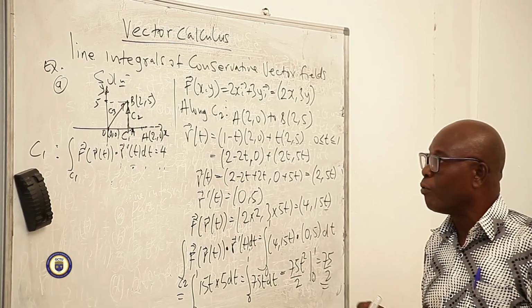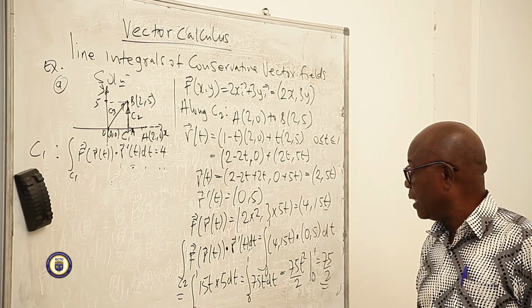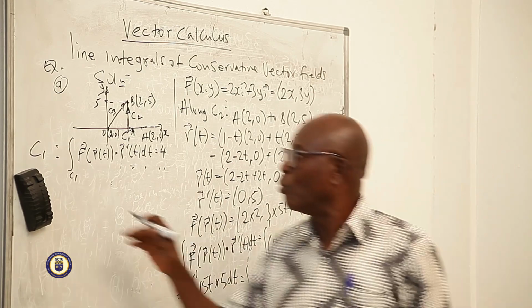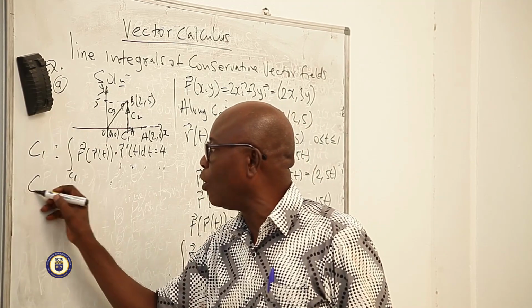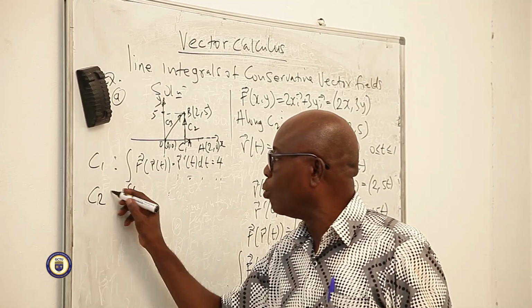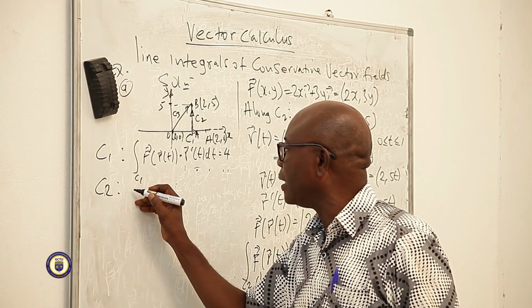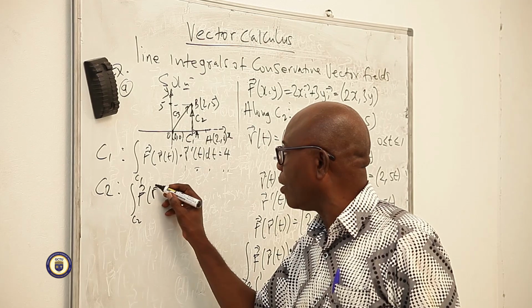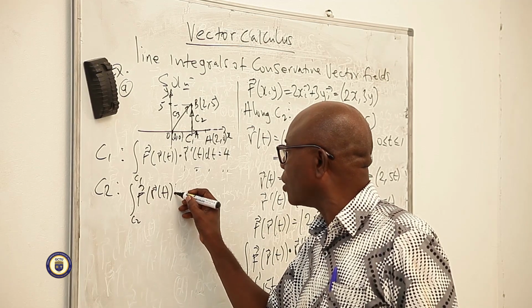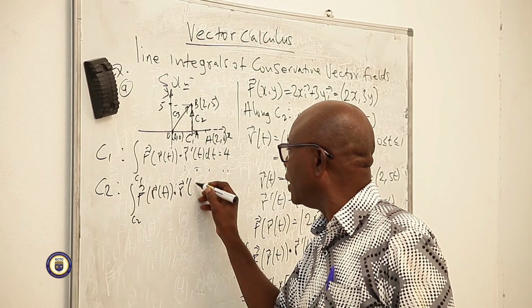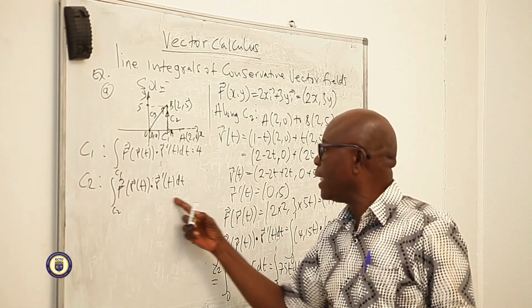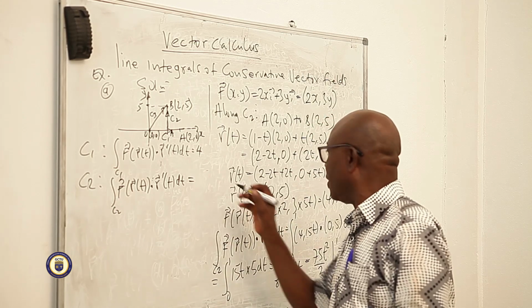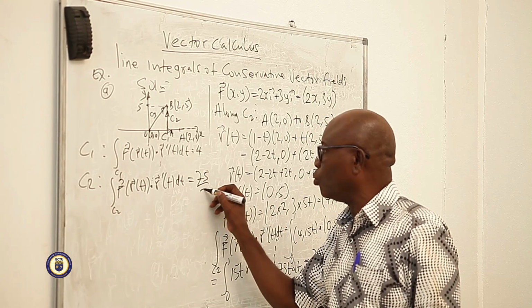So for the path C2, the line integral of f of r of t dot r prime of t dt will give us 75 over 2.